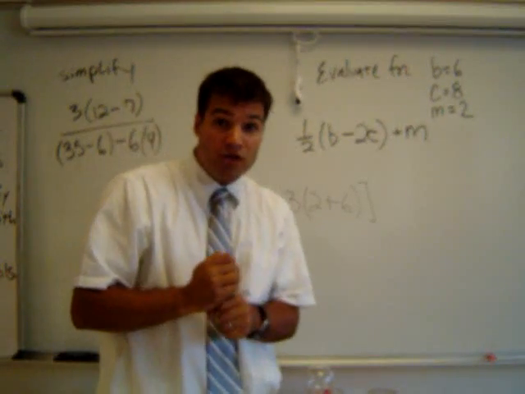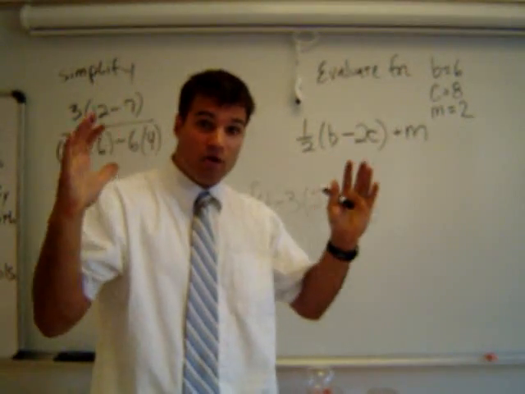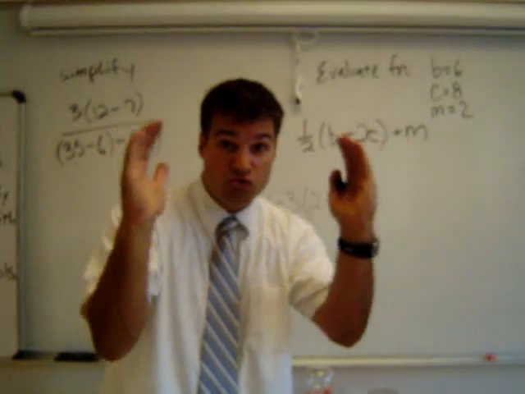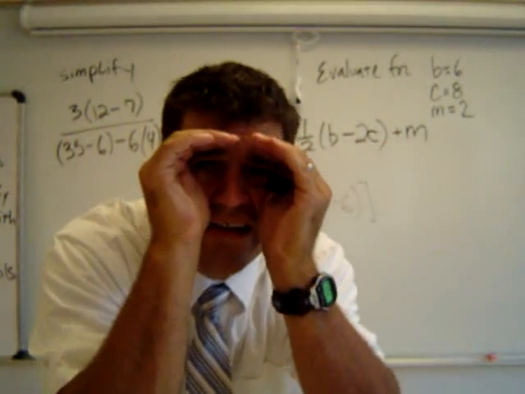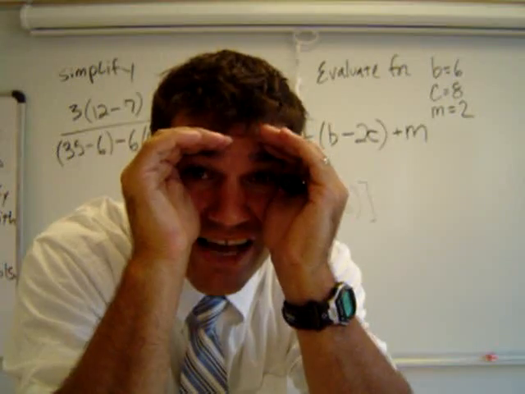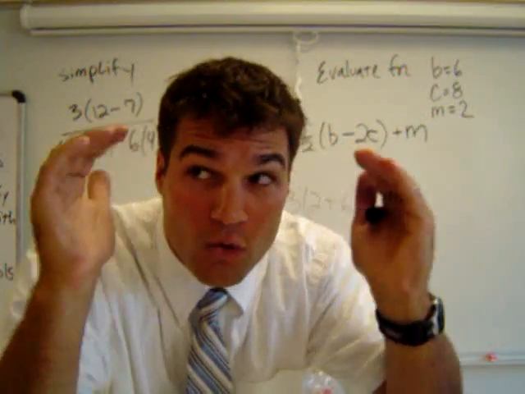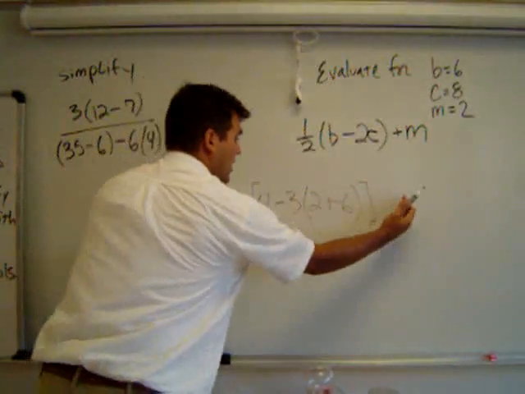Either way, when you're working with many parentheses, you go all the way in as far as you can and zone in on the inside, then slowly take care of it and work your way out.